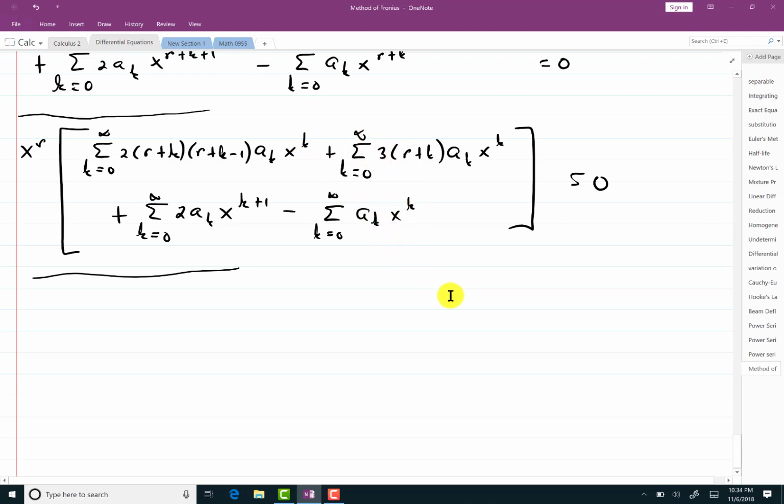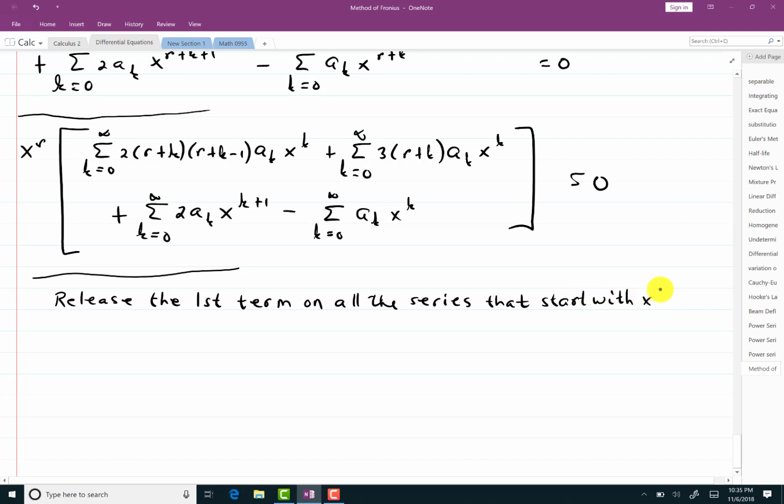So I'm going to release one term, release the first term, on all the series that start with x to the 0 power.